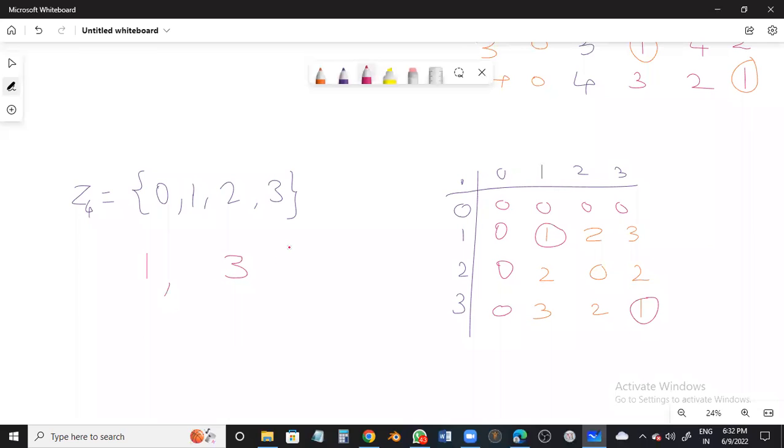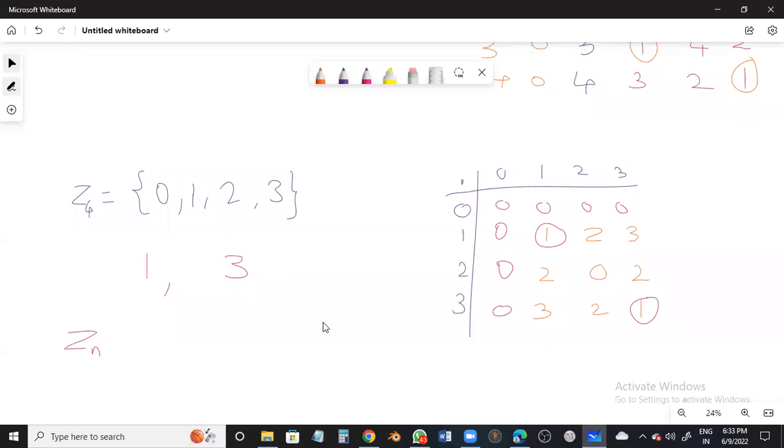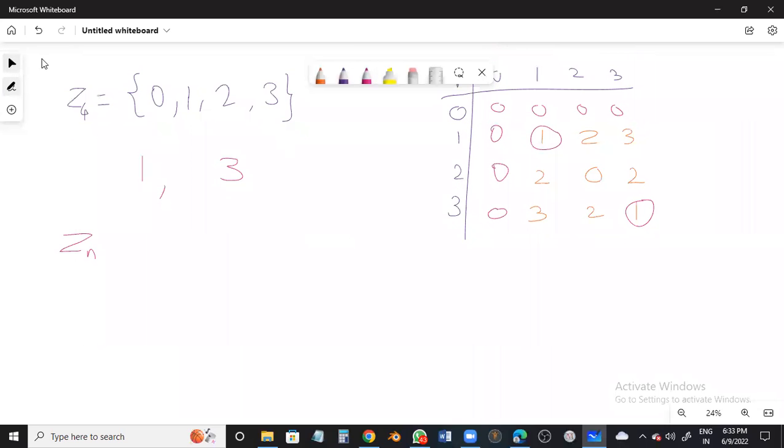And just now you were talking about the prediction. Here it comes. We go to Zn. In Zn, if n is prime, then also we can... Yes, I'm coming to that. You're right.